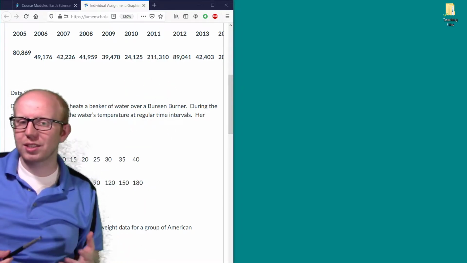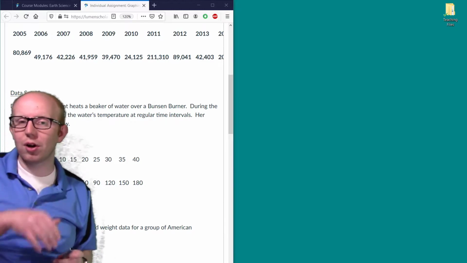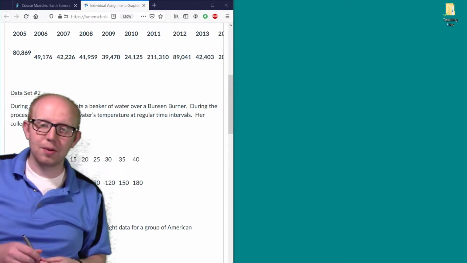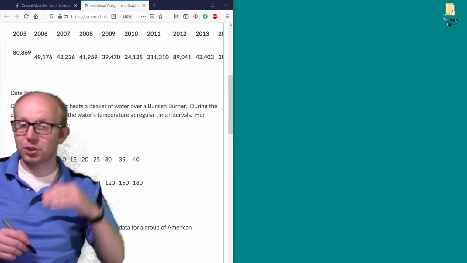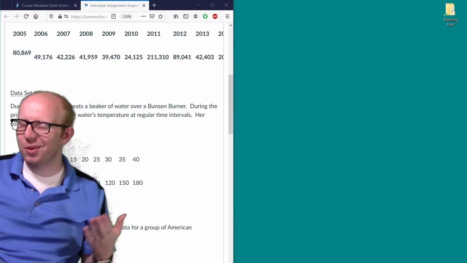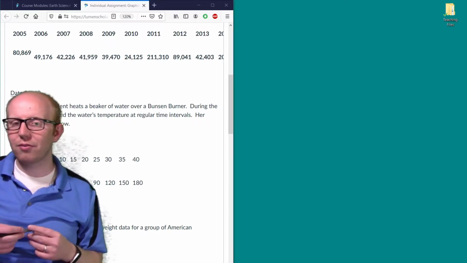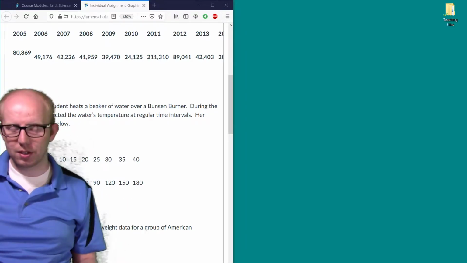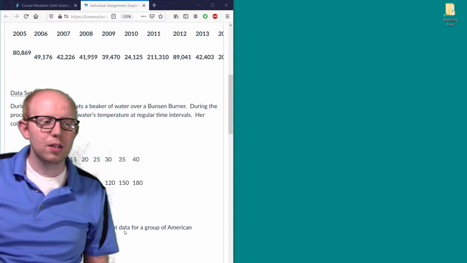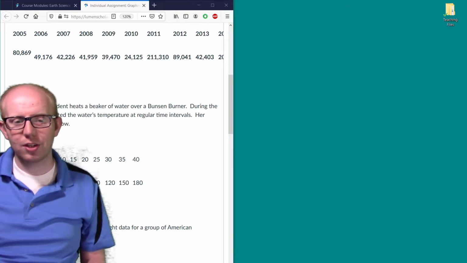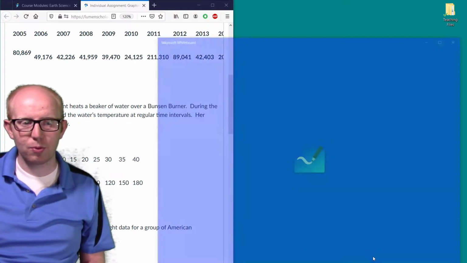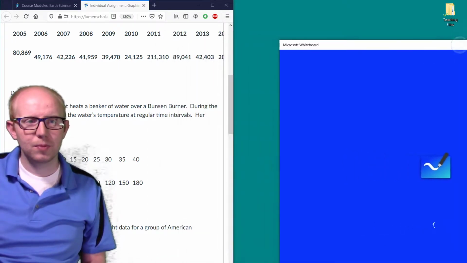You could also do it as a bar graph, each year being a bar and the total mosquitoes caught being associated with the height of the bar. It turns out they're pretty much the same when it comes to designing the graph. So we'll go ahead and do a bar graph. I'll show you how you could have also made a line graph. Let me go ahead and grab my whiteboard app, put that to the side.